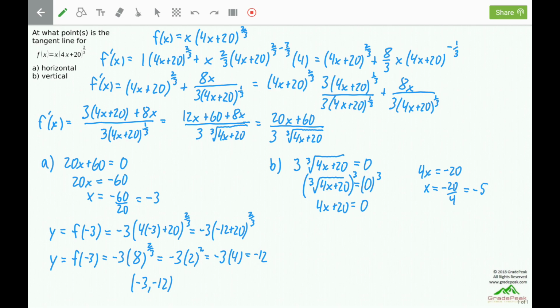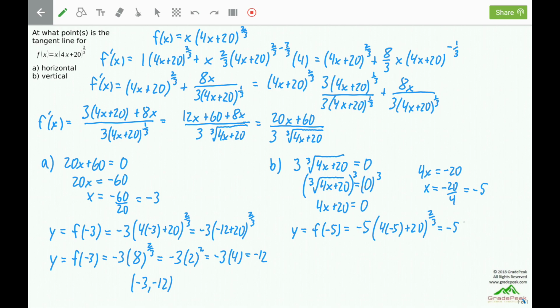There's the x-coordinate. I want the point, so I'm going to want the corresponding y-coordinate by plugging that x-coordinate into the original function. So our y-coordinate will be f of negative 5, and that will be negative 5 times 4 times negative 5 plus 20, the entire thing to the 2/3 power.